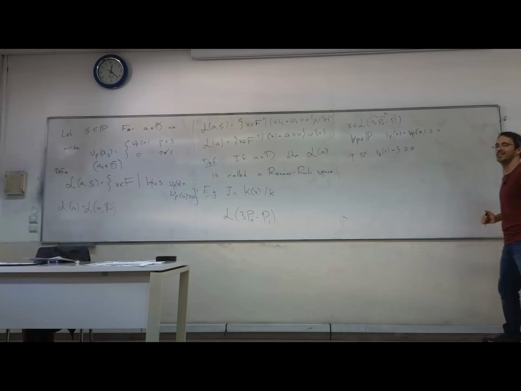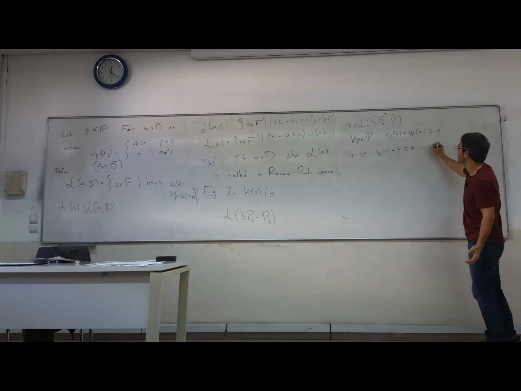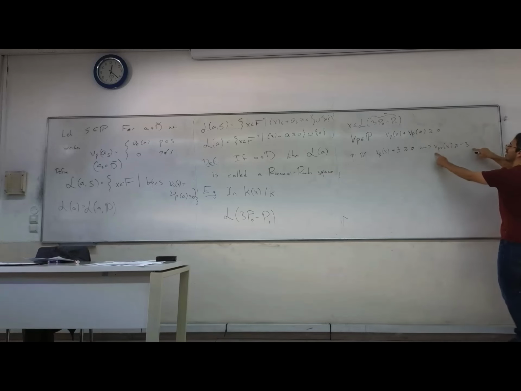So what does it mean? It means that this function can have poles at 0, but at most 3.